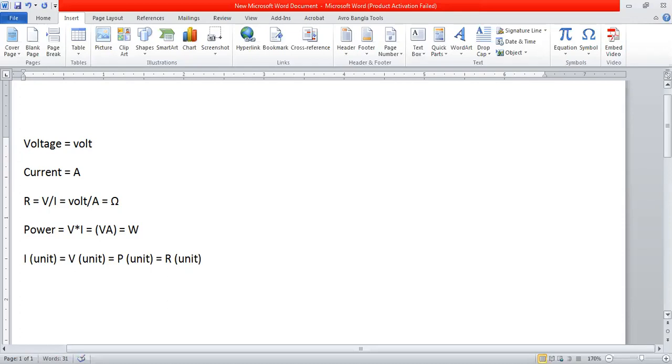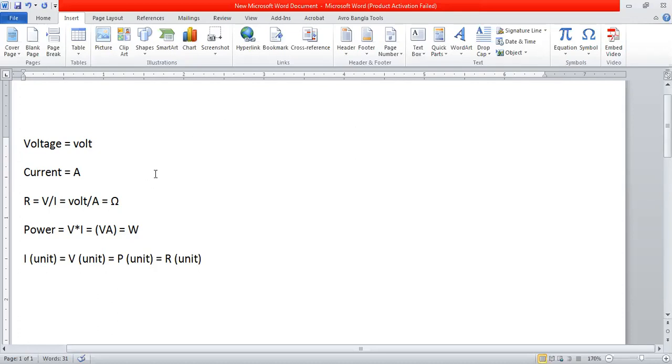So per unit means each quantity has the same unit, and that is called per unit. So how can we convert the unit to a different unit that is the same for all other quantities? That is the concept of per unit calculation.